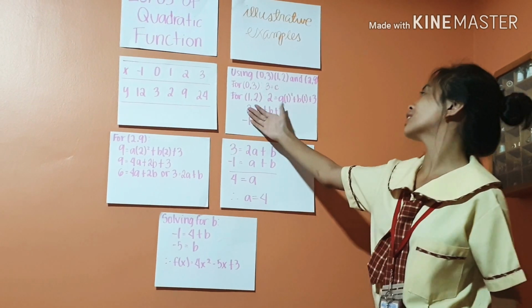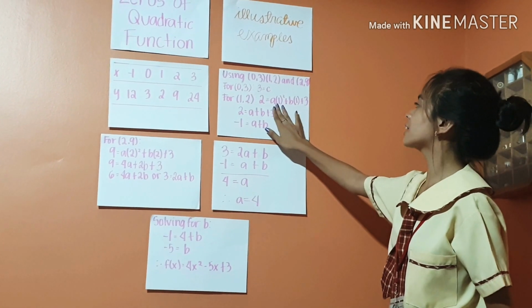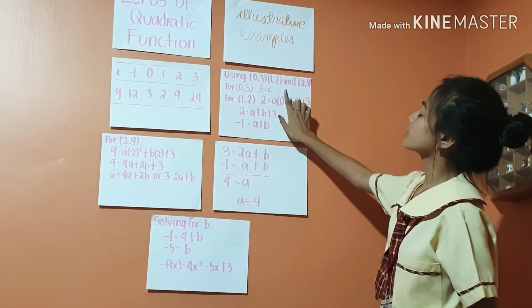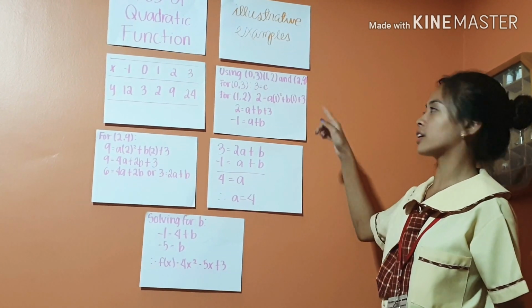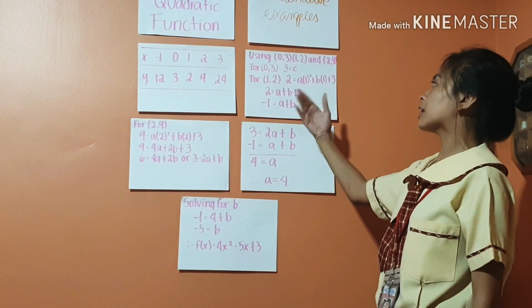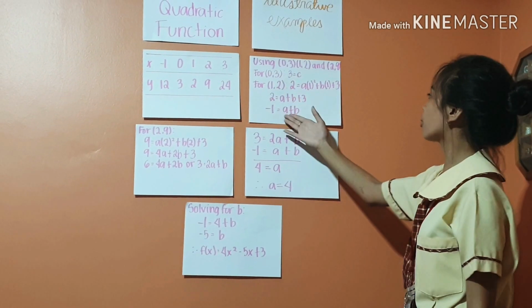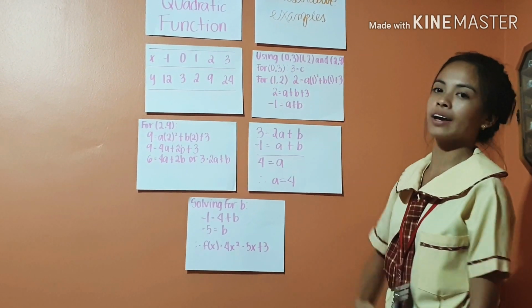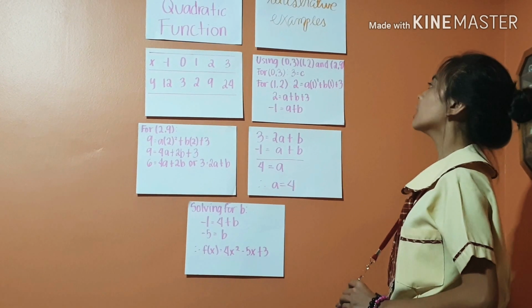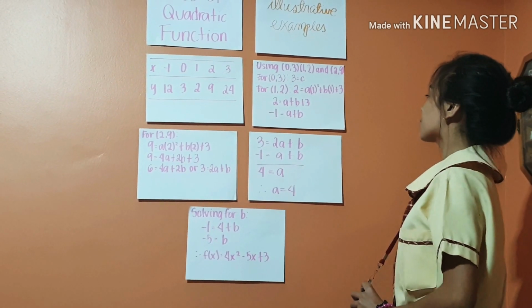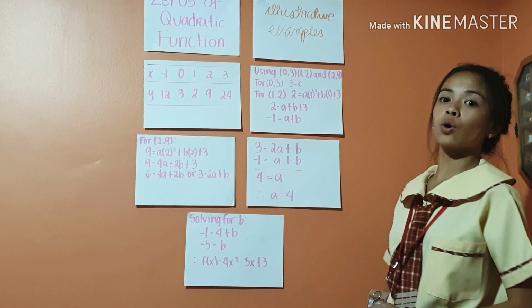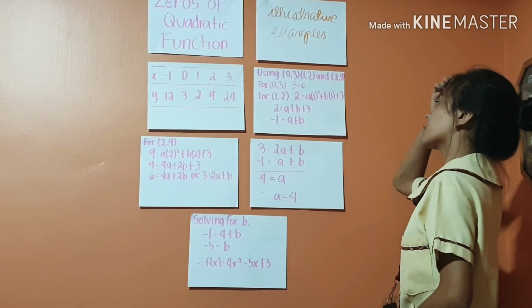While for (1, 2), substitute the 1 for x and 2 for y. 2 equals a times quantity 1 squared plus b times 1 plus 3. So 2 equals a plus b plus 3.